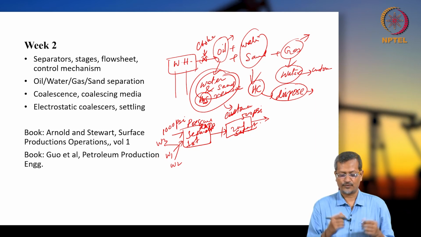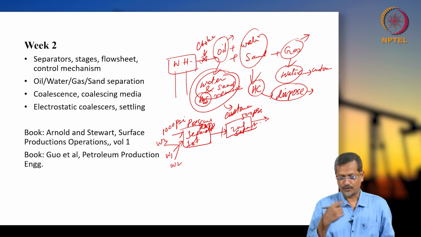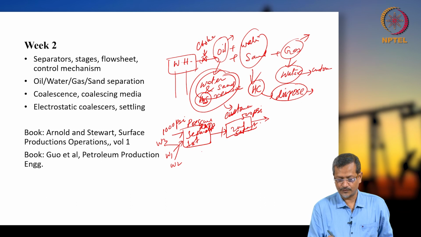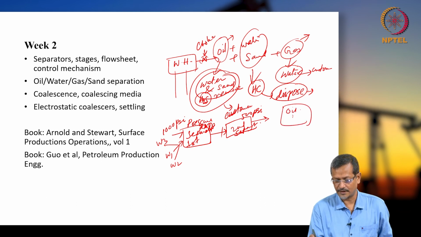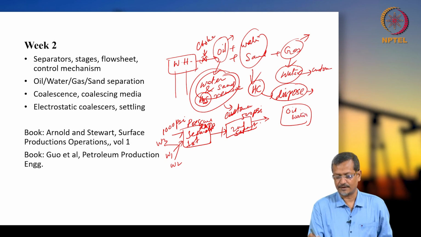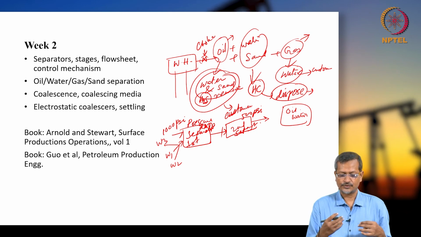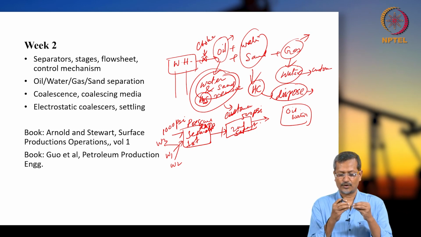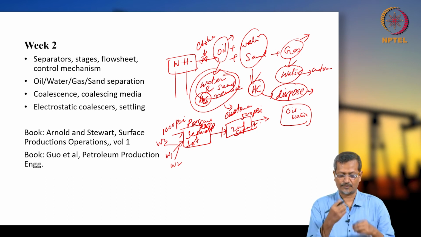Okay. And fluid will be going to the separator and it will get separated. Now you got an oil and gas mixture, I told, right? Oil, gas and water. Let us say oil and water mixture. If you have an oil water mixture and you do not treat it properly, the oil particle will not separate from the water, or the water particle will not get separated from the oil.